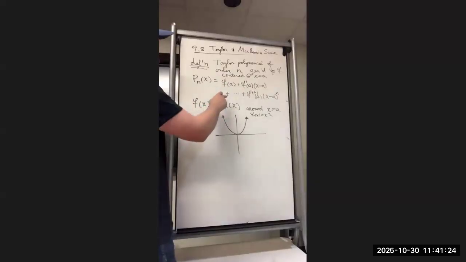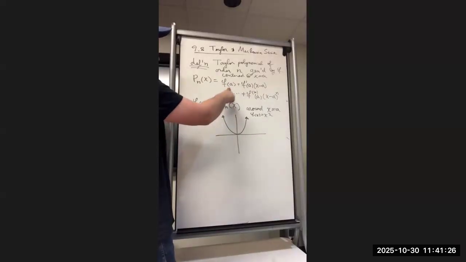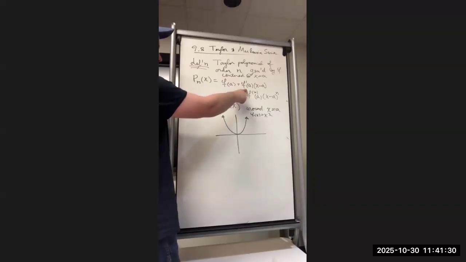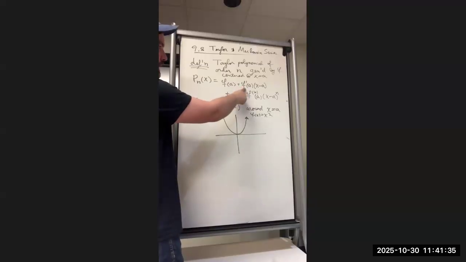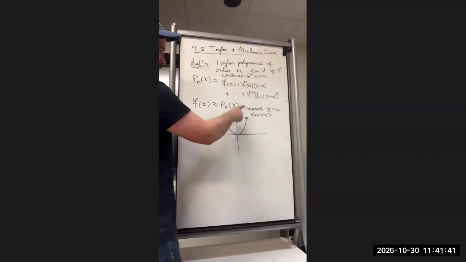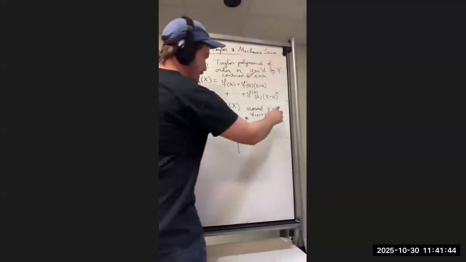So what is that going to be? That's going to be x squared evaluated at 0, which is 0, plus the first derivative of x squared, which is 2x evaluated at 0. Okay, maybe 0 is a bad example. I'll choose some other point. Let's say 1.